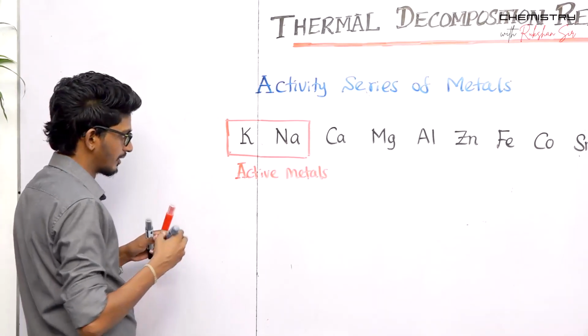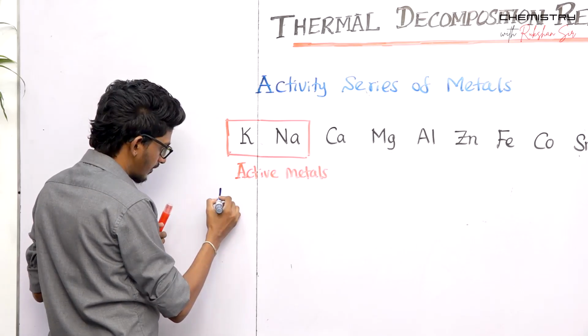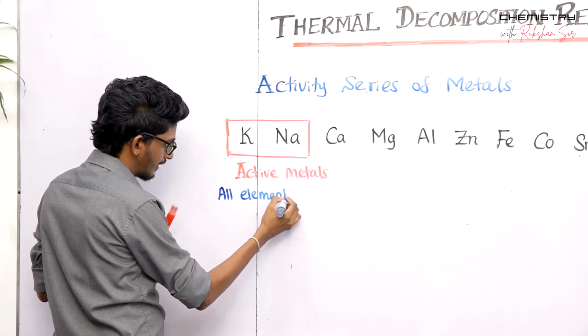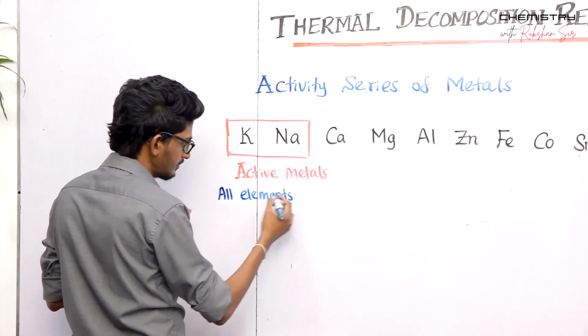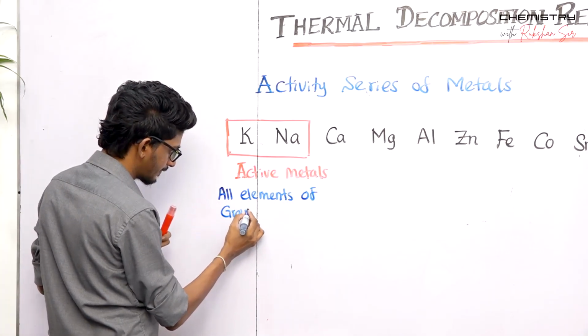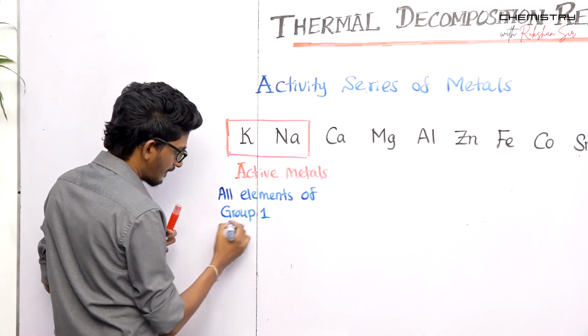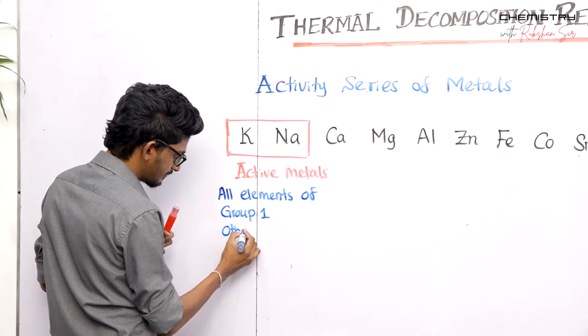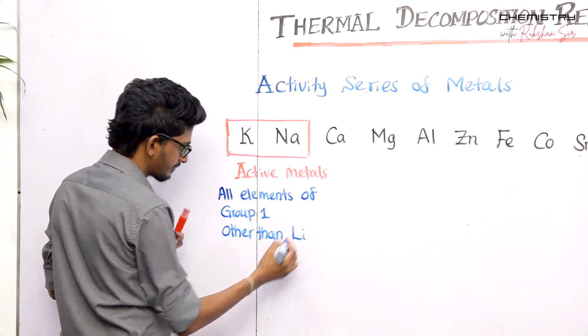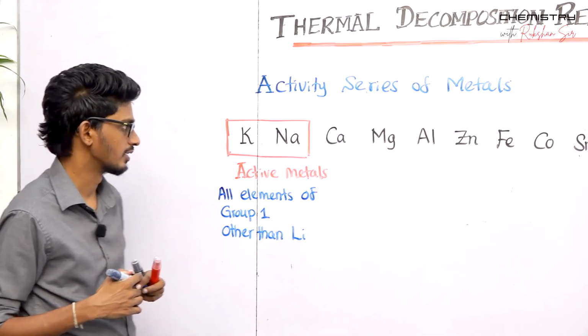So one can say all elements of group 1 other than lithium are referred to as active metals.